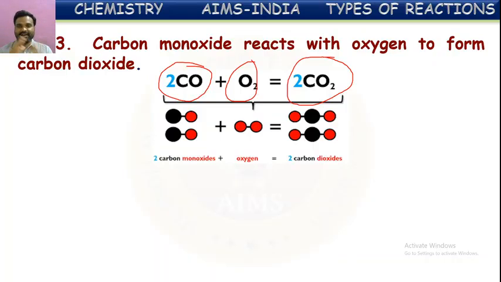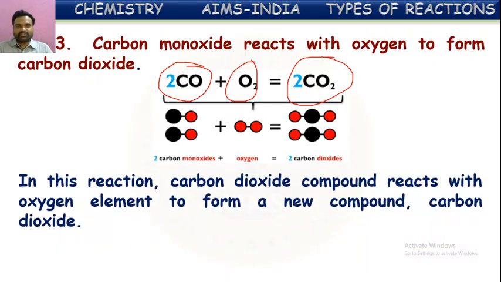So three different kinds of combinations we have seen here. Combination reaction between two elements, combination reaction between two compounds. This is an example: formation of carbon dioxide from carbon monoxide and oxygen is a combination between a compound and an element.